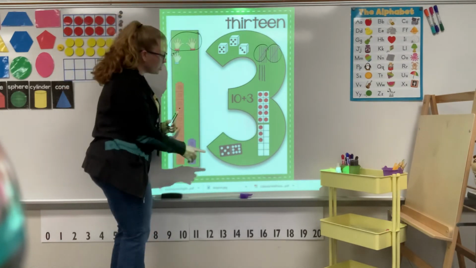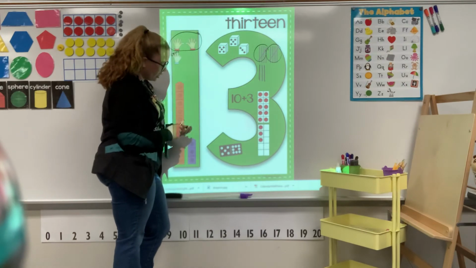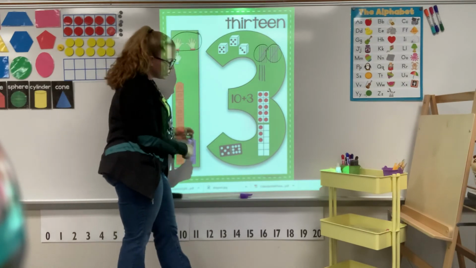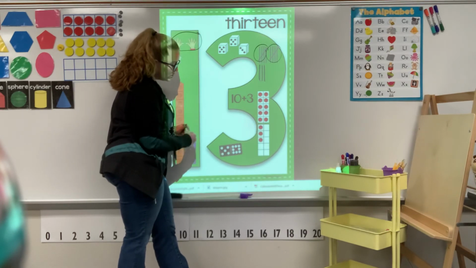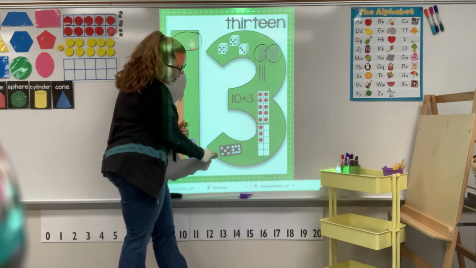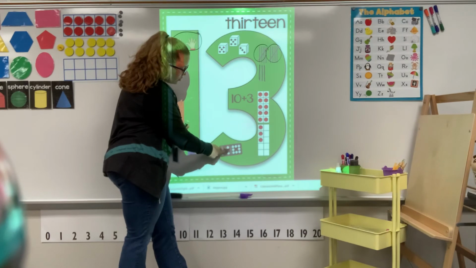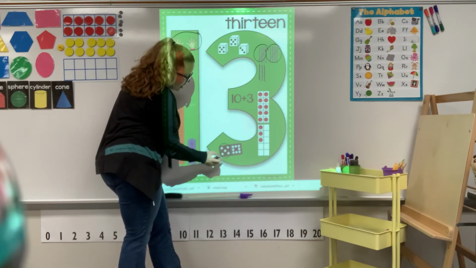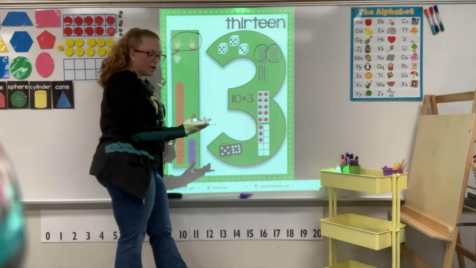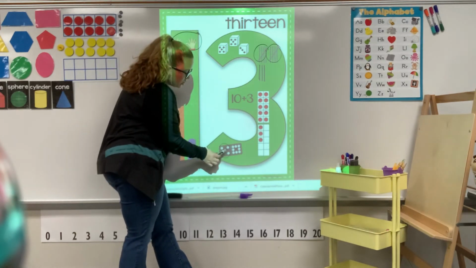And then we have our dominoes down here. So remember, for the dominoes, you count the dots on the dominoes. So this side has 5. Let's count. 1, 2, 3, 4, 5. So we have 5 on this side. And if we're going to count on, we're going to start from 5.